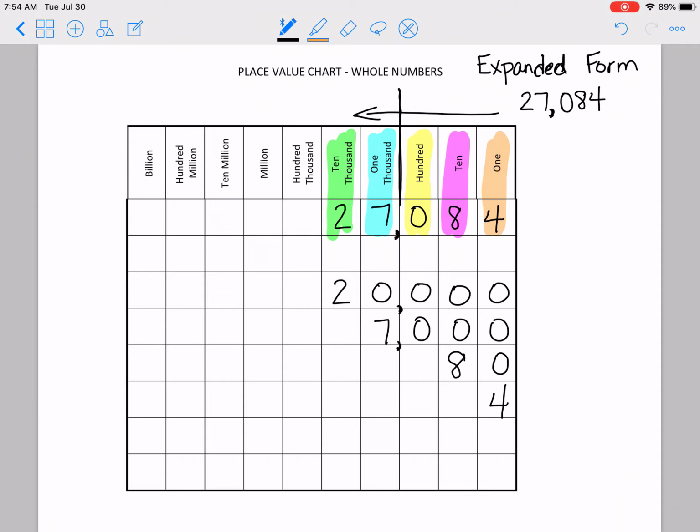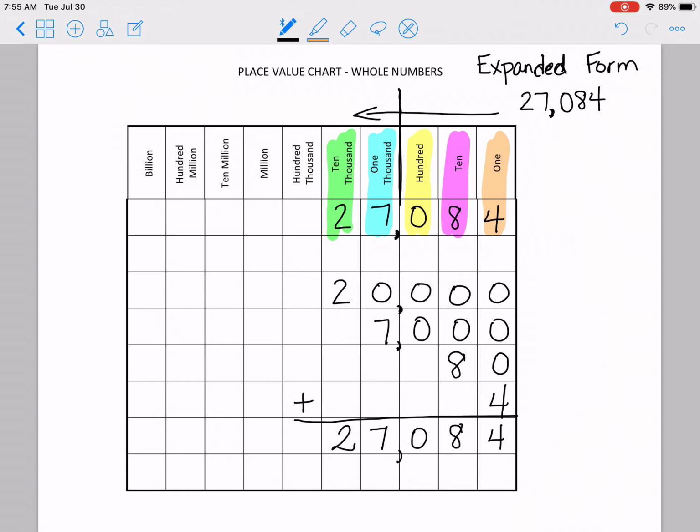So now, if I were to add all these numbers together, it would be a 4, and then an 8, and then because I have just zeros here, a 0, then my comma, and then my 7, and then my 2.